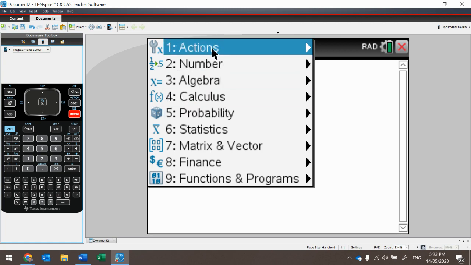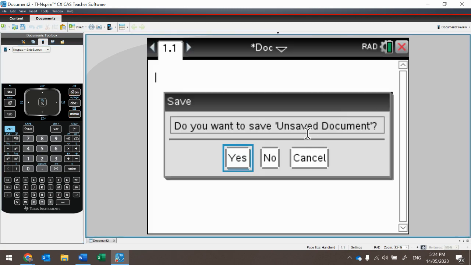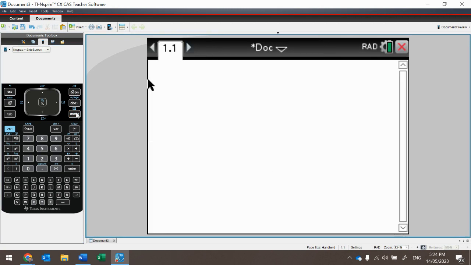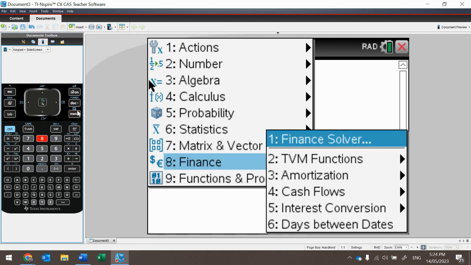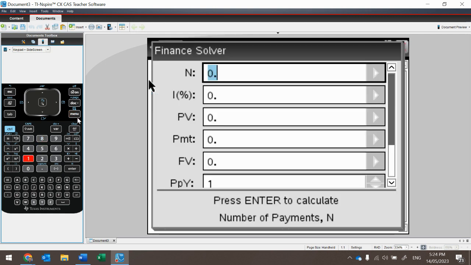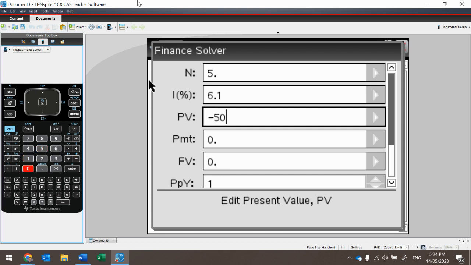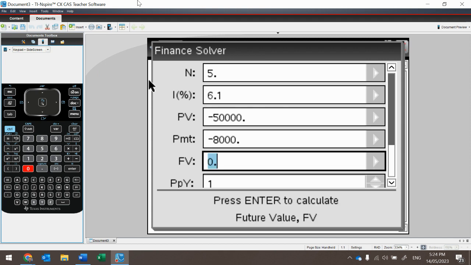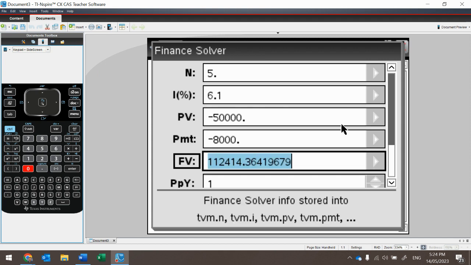I'm just going to start with a fresh one. All right, so put those in. And we got 112,414.36419679.